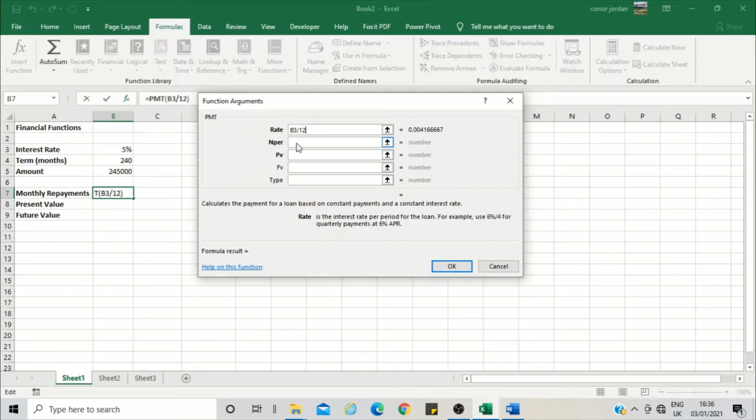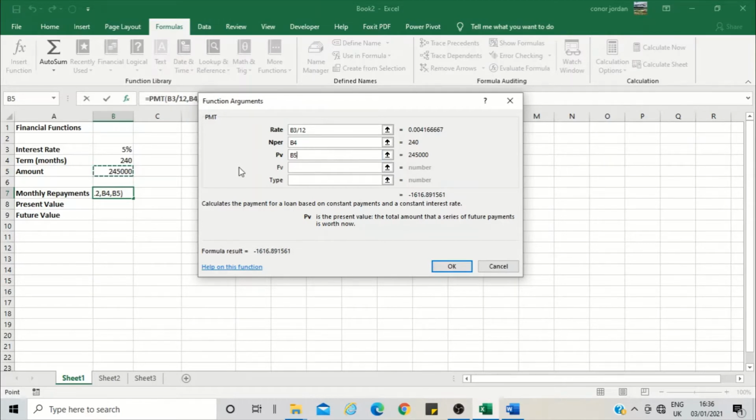The NPER, which is the total number of payments for the loan. So that would mean the term of the loan as you pay it each month. So that would be B4, 240. And then for the present value of the loan, we'll choose cell B5.